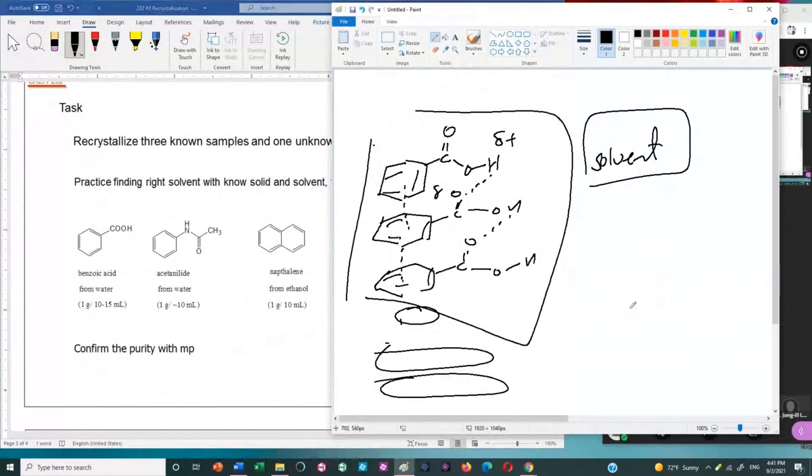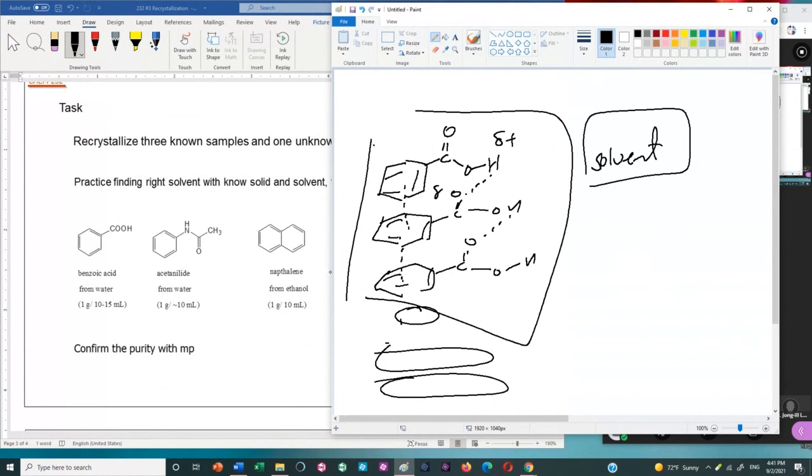So say you understood the cooling part, but how do you know which solvent is good for you? You test out. But how? Why do they work? How does it work?